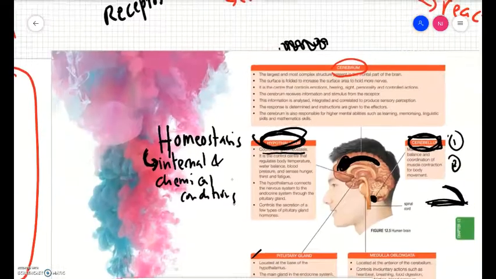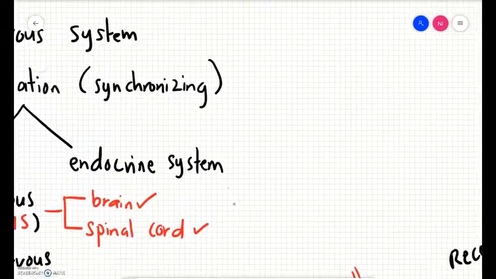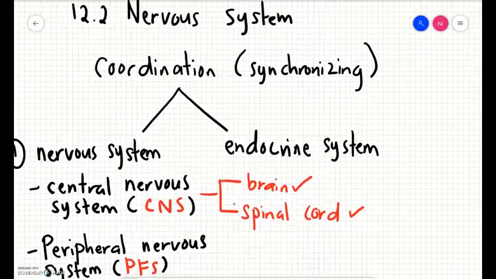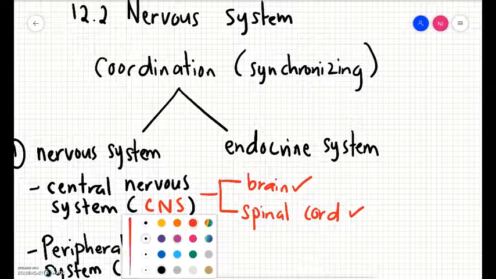Maksudnya kalau kita mau tengok di sini, tengok balik yang paling atas. Paling atas yang ini. Kita bagi tahu coordination ialah between nervous system and endocrine system. So macam mana dua-dua ni dia boleh bergabung?